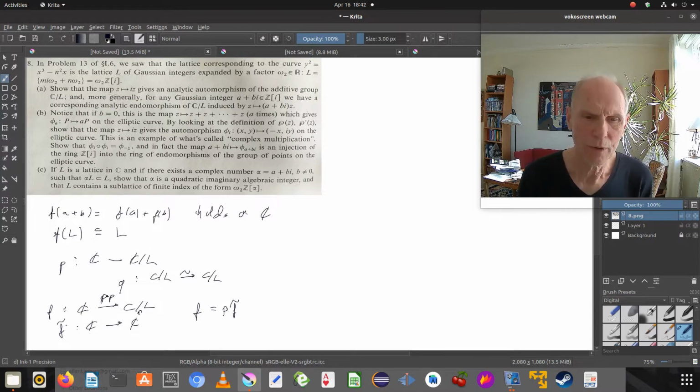So which maps do we have of this kind? So the lattice has to be mapped onto the lattice. And I believe that has to be a linear map.